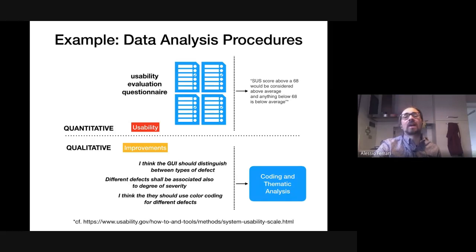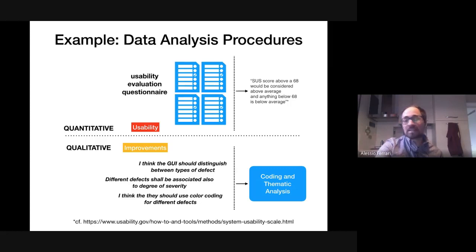So from 68 to 100, we have a decent degree of usability. You already understand that you need some additional qualitative analysis to understand how to improve your tool. This number is not enough. What can you tell about this number? Just that it's decently usable. Okay.